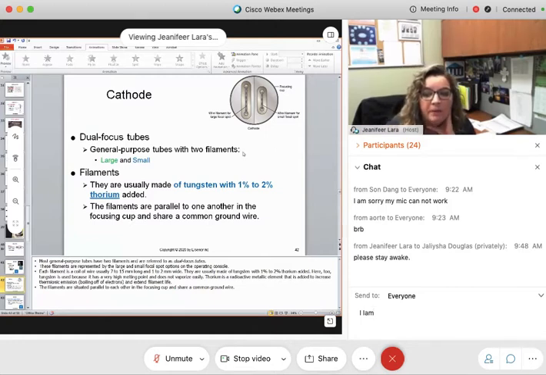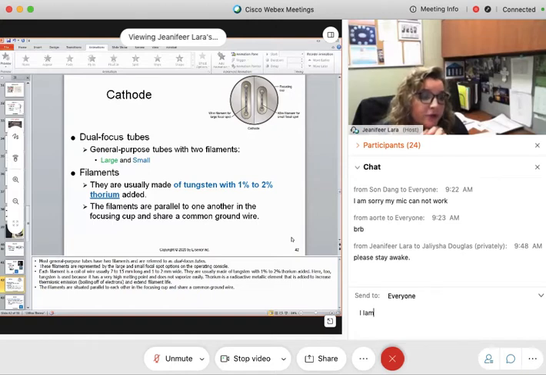Filaments are made of tungsten with a splash of thorium. There is a large and there is a small.